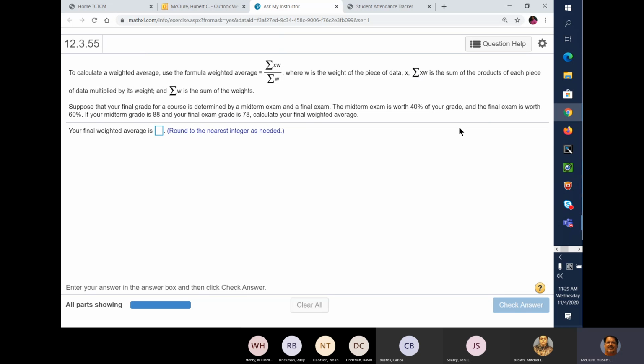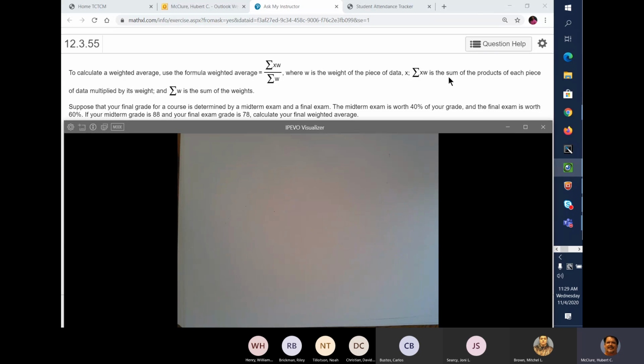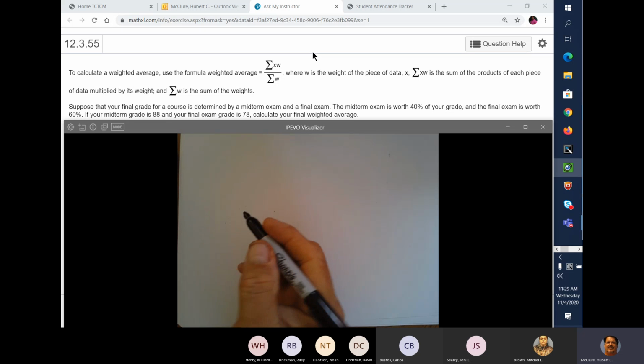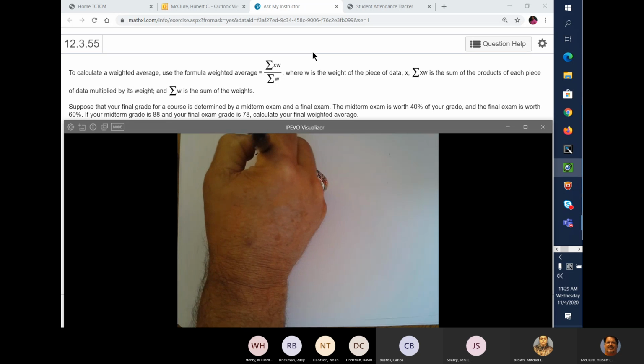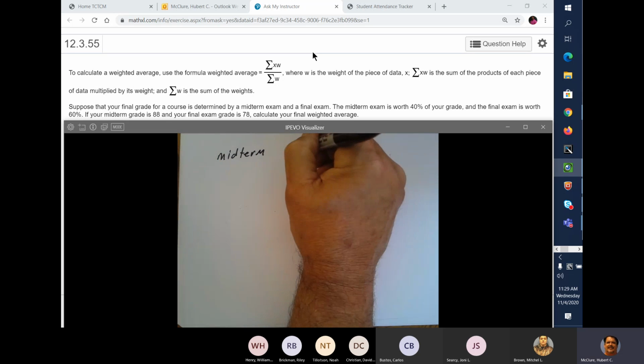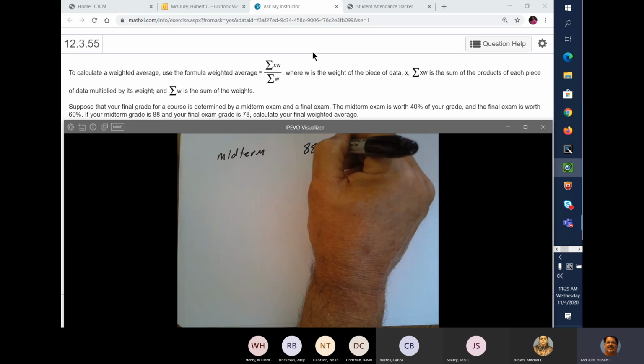So basically, let me pull up my handy dandy do-jigger. And of course, just ignore this stuff up here because that does nothing but confuse you. So you take the weight of your midterm, your grade is 88, and you multiply that by the weight.